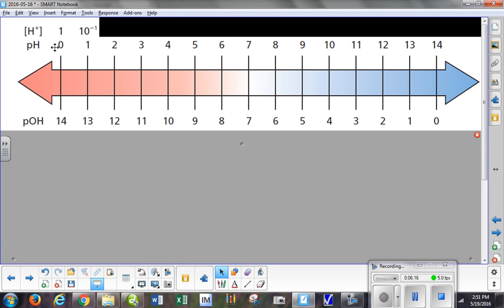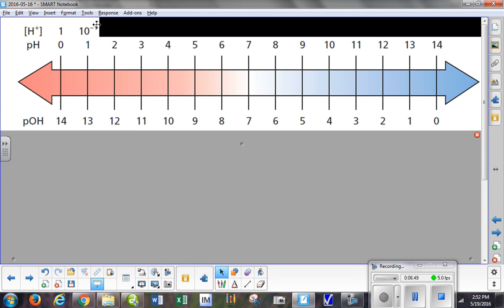We just said that the pH plus the pOH is 14. Now, I want you to add these numbers up. 0 and 14. What is it? 6 and 8. 10 and 4. 12 and 2. You see, these verticals, you always have the two guys added up, or the two guys will add up to 14.